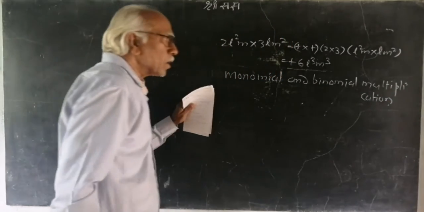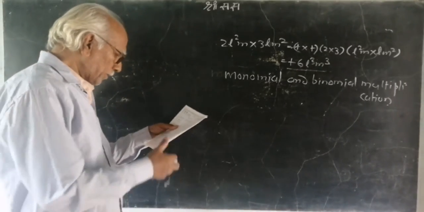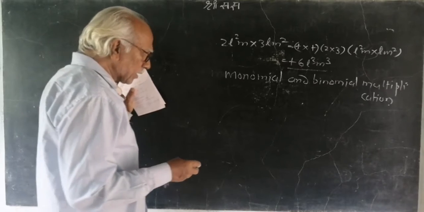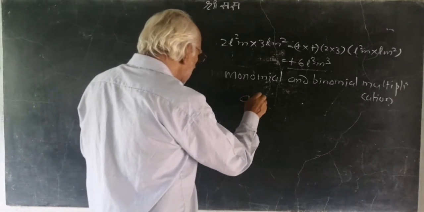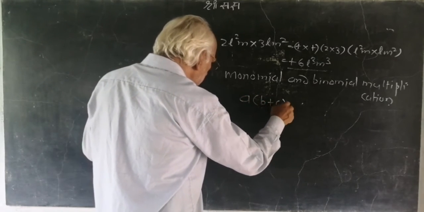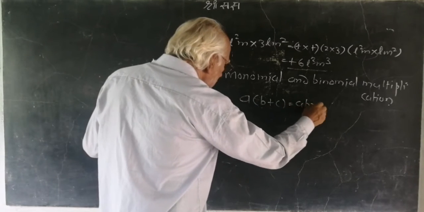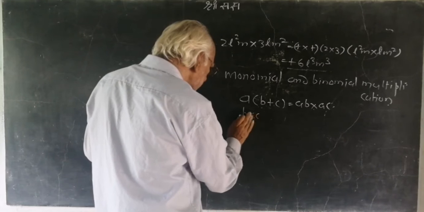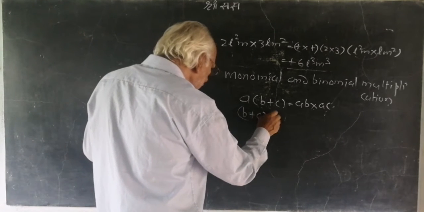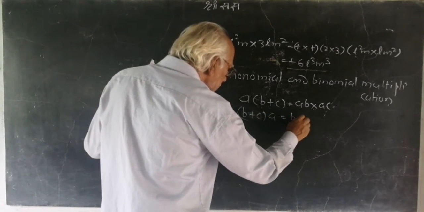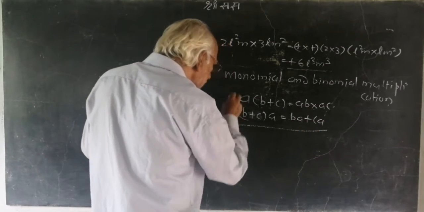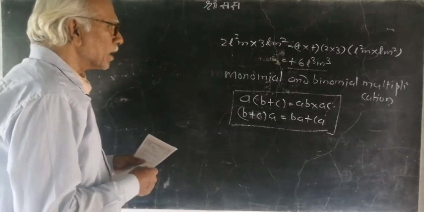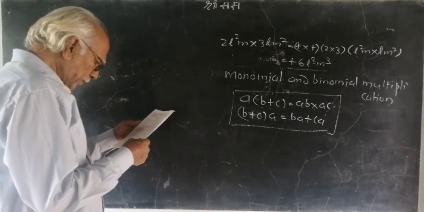Here we will be using one important law, and that is known as the distributive law. A into bracket B plus C is equal to AB plus AC, or B plus C into A is equal to BA plus CA. So this law we will be using when we multiply a monomial by a binomial.